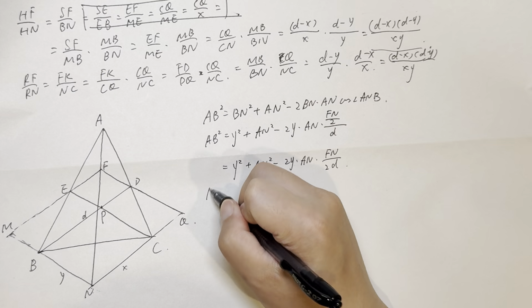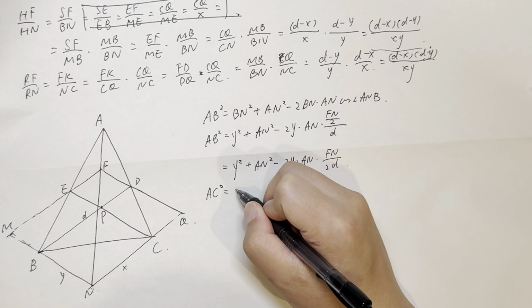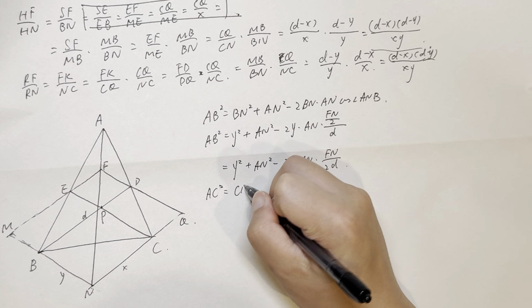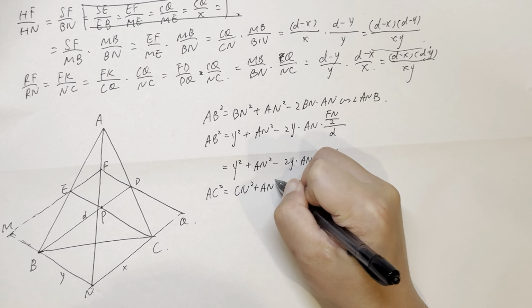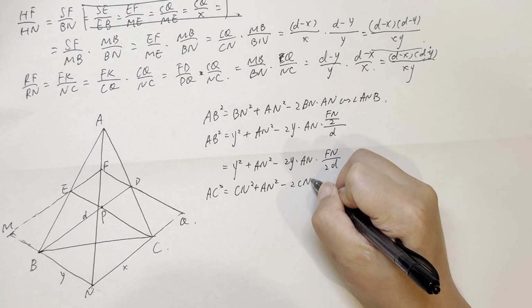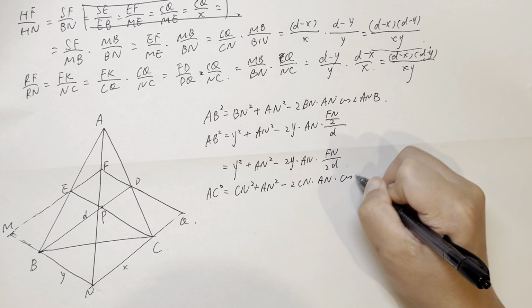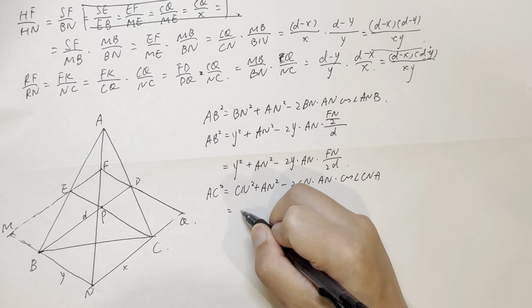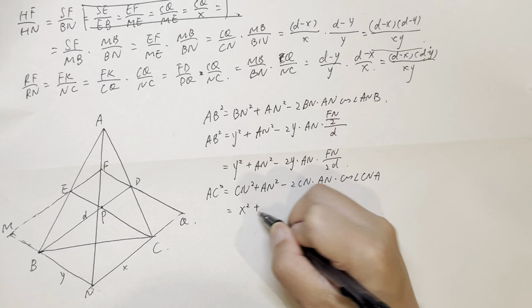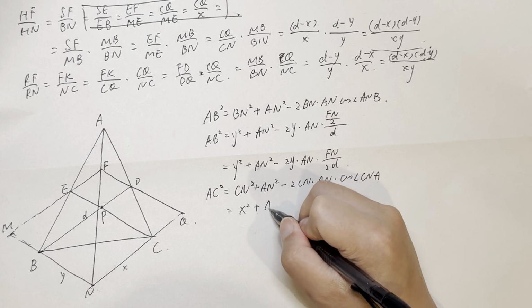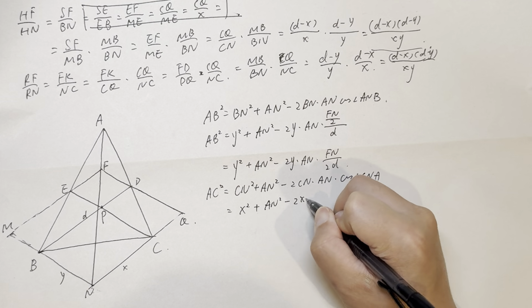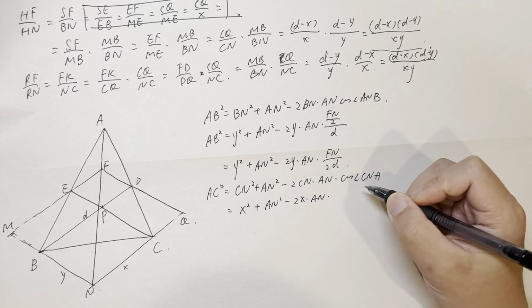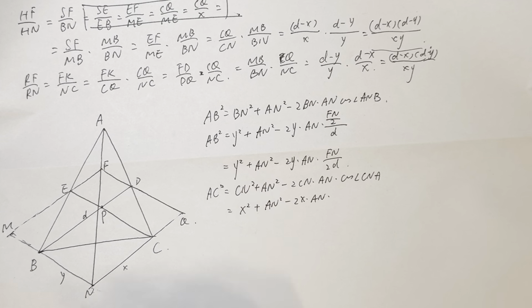And also AC squared equals CN squared plus AN squared minus 2 CN AN cosine angle CNA, which is x squared plus AN squared minus 2x AN times cosine CNA.